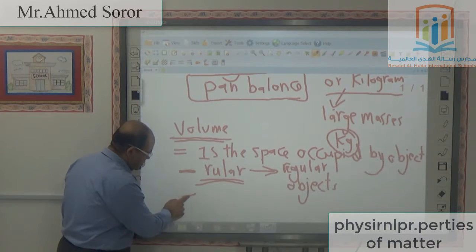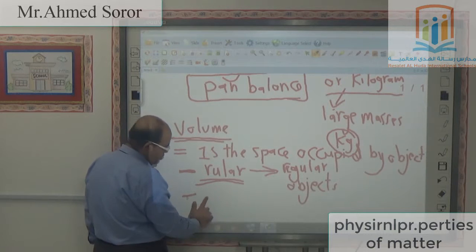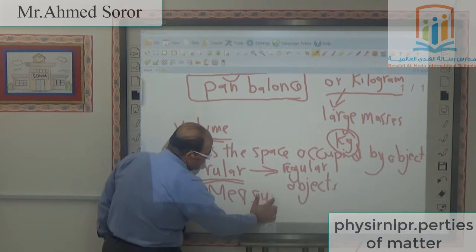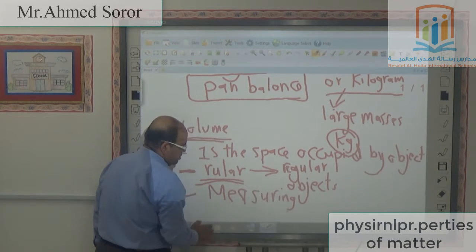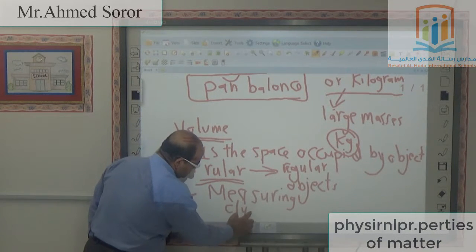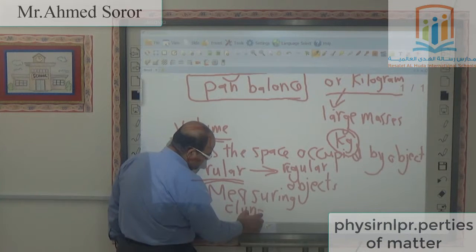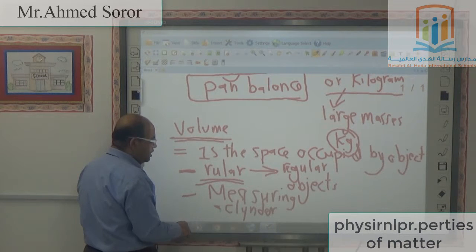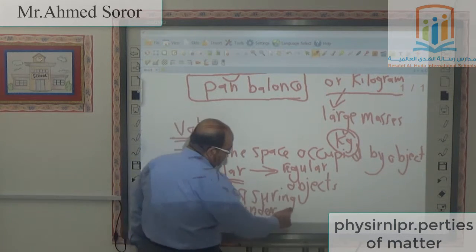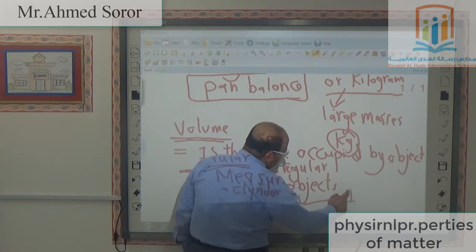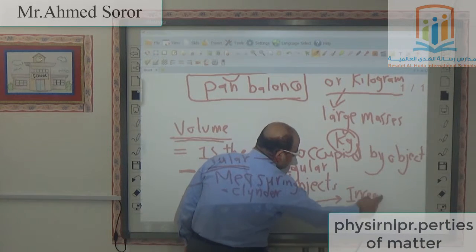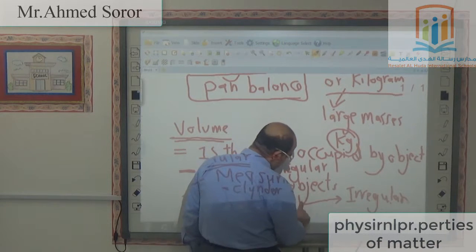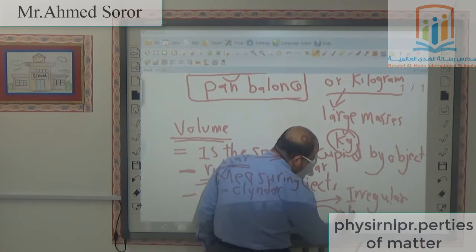But we can use a graduated cylinder or measuring cylinder to measure the volume of irregular solid bodies and liquids.